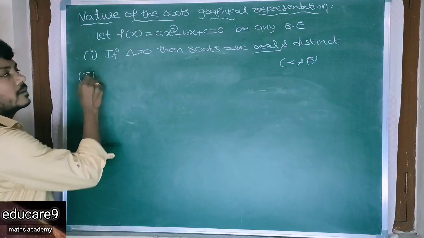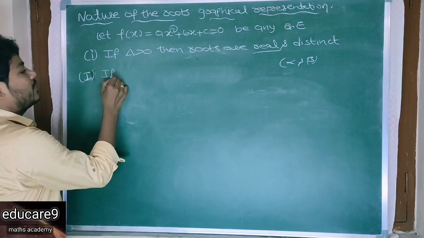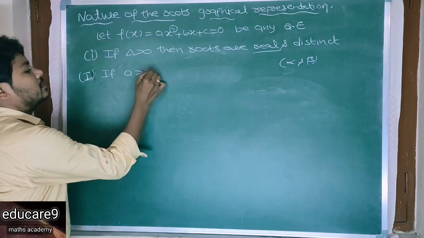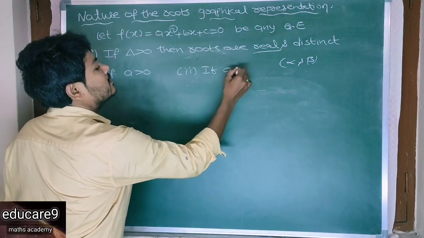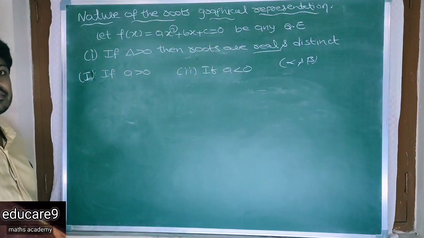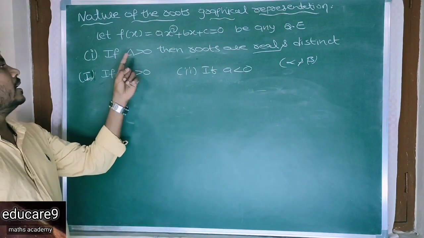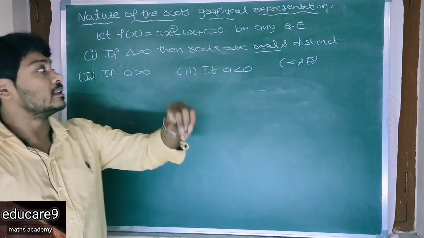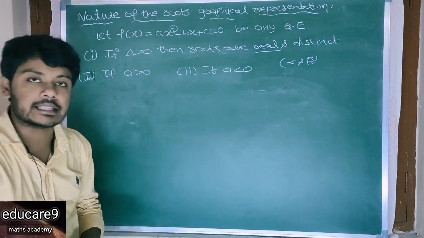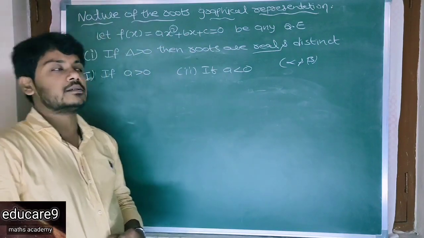The first one, if a is greater than 0, and the second one, if a is less than 0, and delta greater than 0 means both roots are real and distinct. That is, the given graph touches the x-axis at two distinct points.